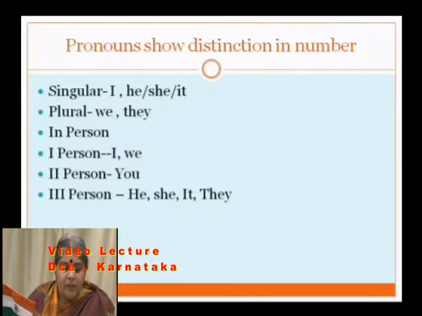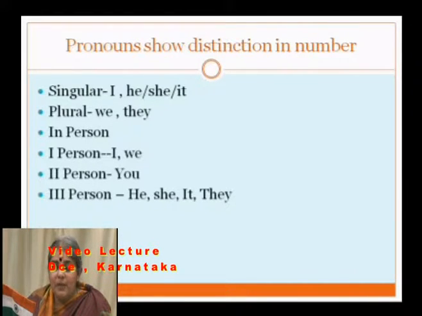The other feature of pronoun is that pronouns show a distinction in number between the singular and the plural. But this distinction is marked by different forms of pronouns and not by the addition of the suffix s, as in the case of nouns.